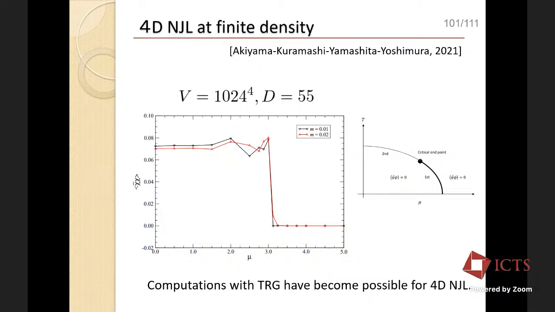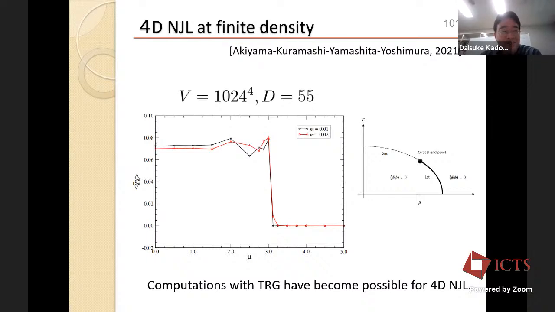Because I think it's very dependent on the algorithm you use, whether you can do asymmetric lattices, for example. So do you have something to say about that? No, I've never tried the TRG method for the finite temperature case. So I'm not sure.